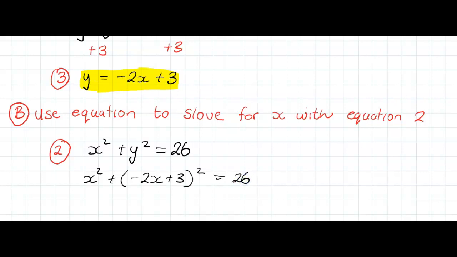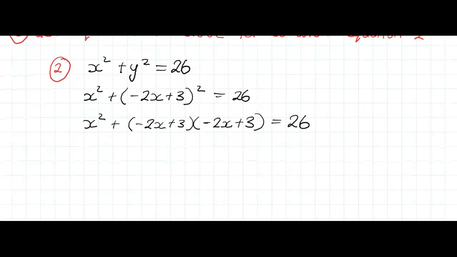And I'm going to rewrite out that square. So x squared plus minus 2x plus 3 by minus 2x plus 3 is equal to 26. The next thing we have to do is multiply out those brackets. So x squared plus, we multiply minus 2x by minus 2x: minus by minus comes plus, 2 2s is 4, and x by x is x squared.